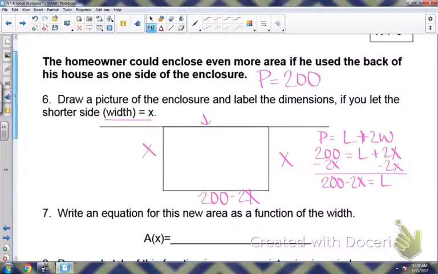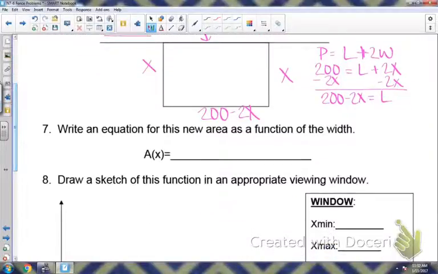Okay, so 7. Write an equation for this new area as a function of the width. So area, length times width. So our length is 200 minus 2x, and the width represents x.